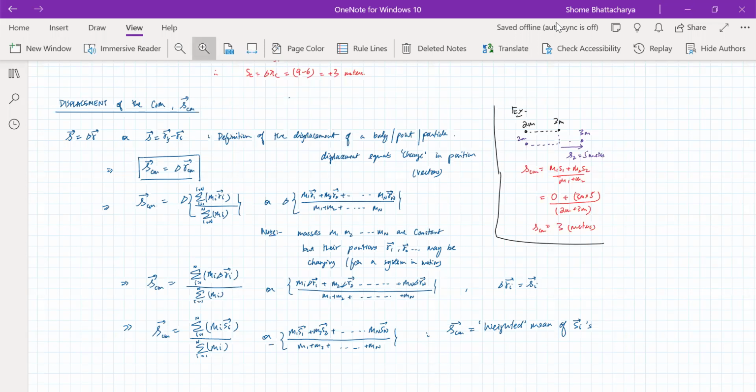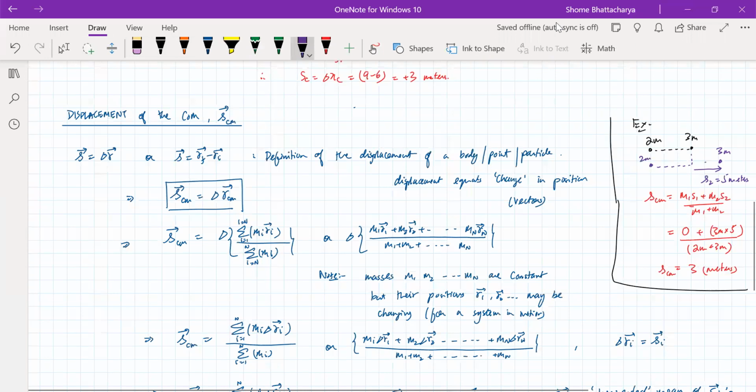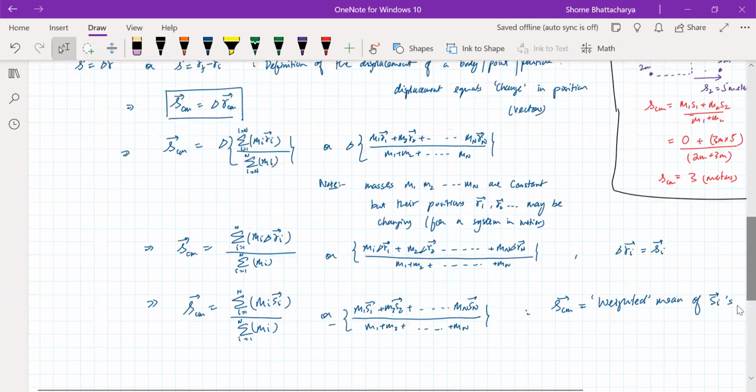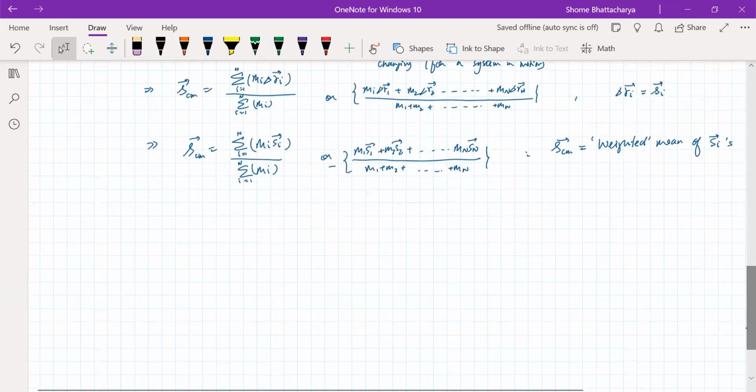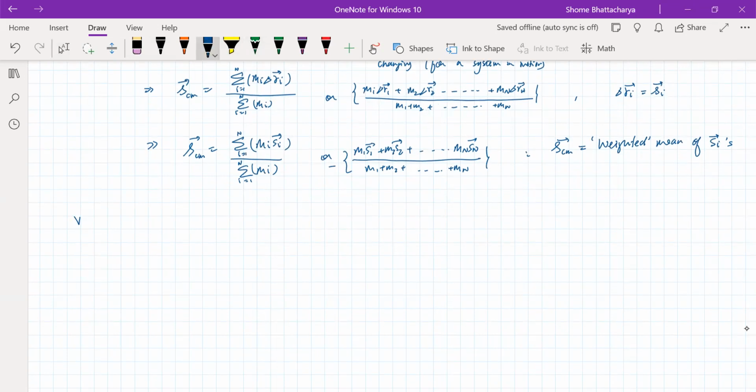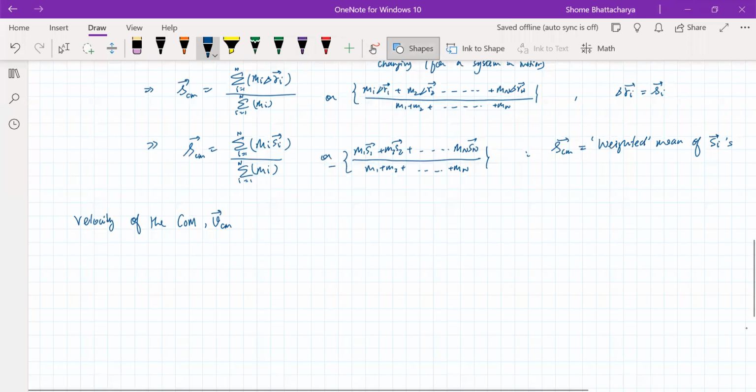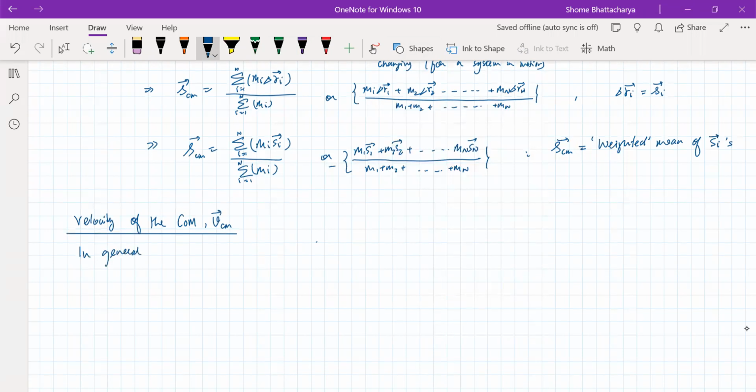Now, next thing from this we'll understand, just like we have defined displacement of the center of mass as weighted mean of the displacement of the individual particles. Now, next thing we can also define velocity in the same manner by using the definition of velocity. So in general, velocity is defined as rate of change of position or rate of change of displacement.